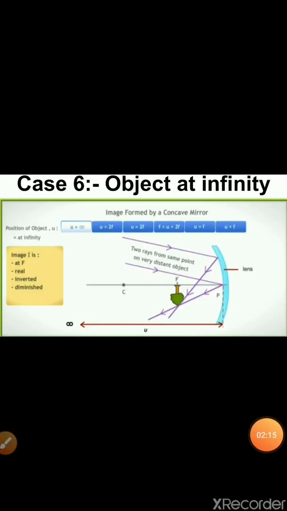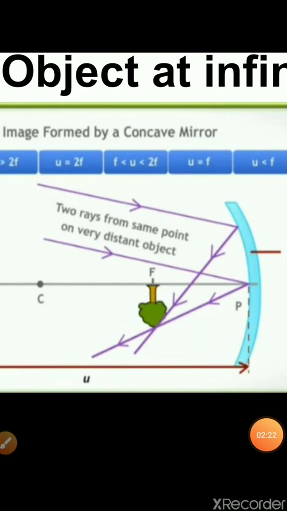Now children, the last case is case number 6, when the object is kept at infinity. Infinity is the position which is very, very far from the mirror. So if the object is at infinity, we are not able to see it, and if we do see that object, it will look very small in size.